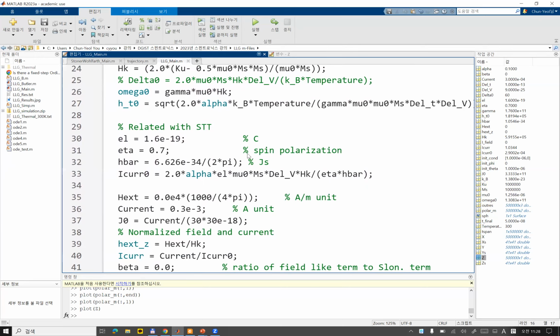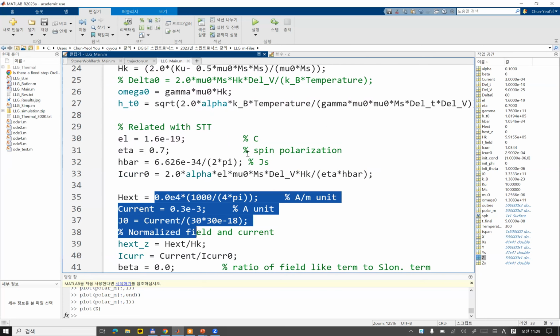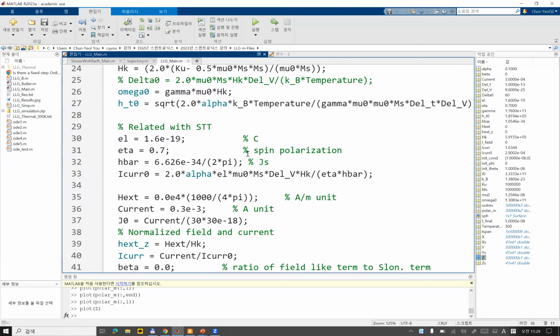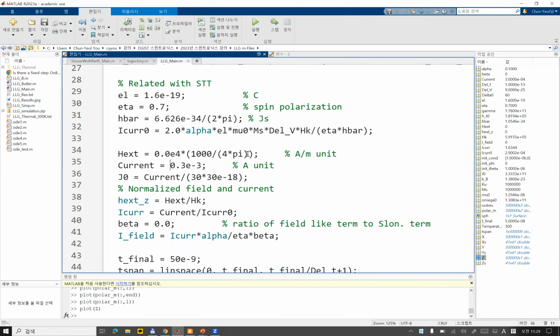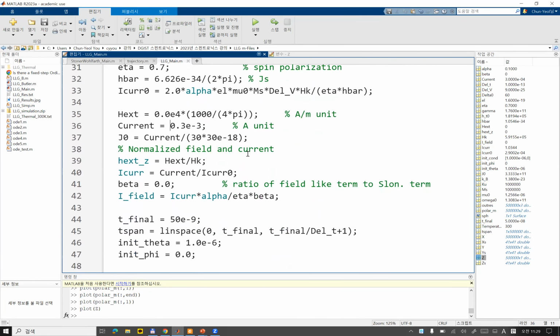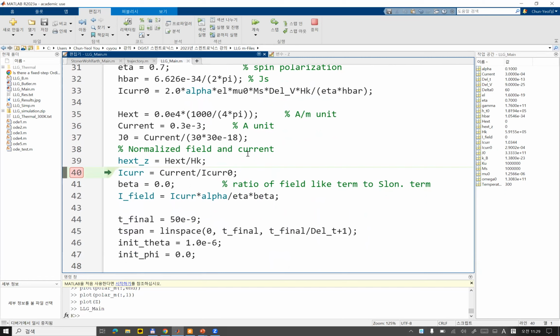Here the external field is zero, and now I apply a current of 0.3 milliamp. And this current density is corresponding, let's see.